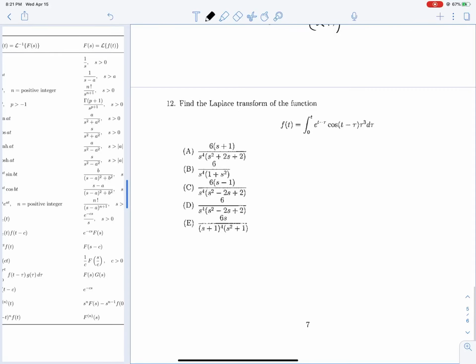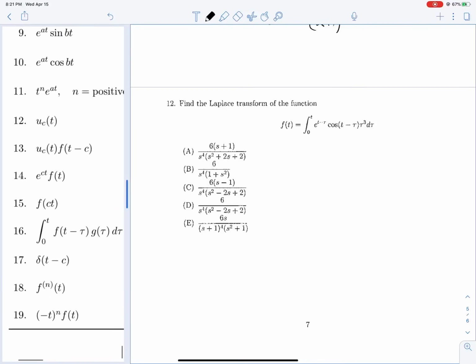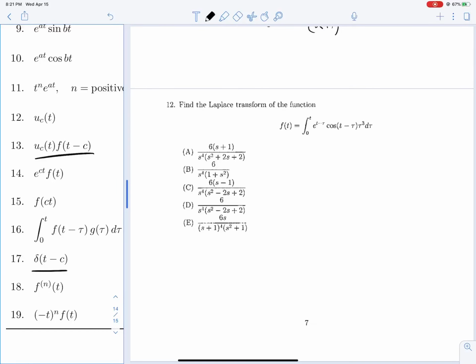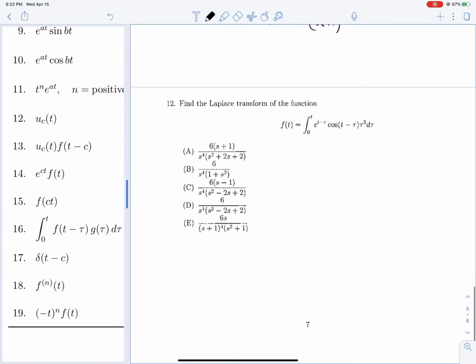Let's find the Laplace transform of this function. They really do like making us use this formula because most everything else, like 17 and more of the unit step function stuff, shows up with the initial value problems, which I'm going to go force myself through after this.